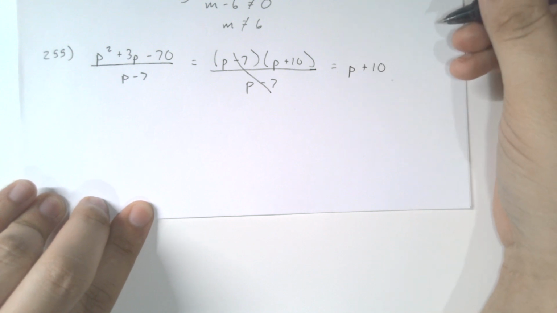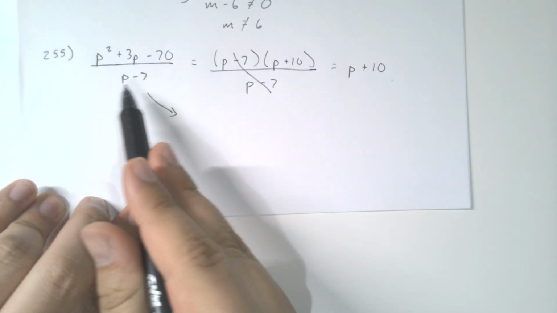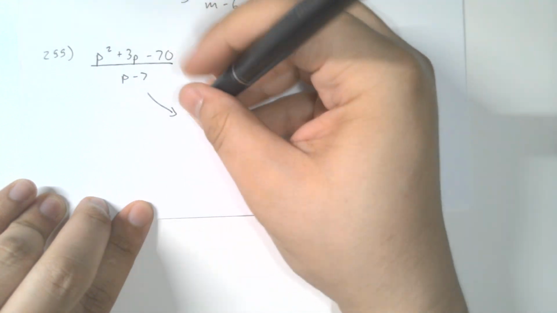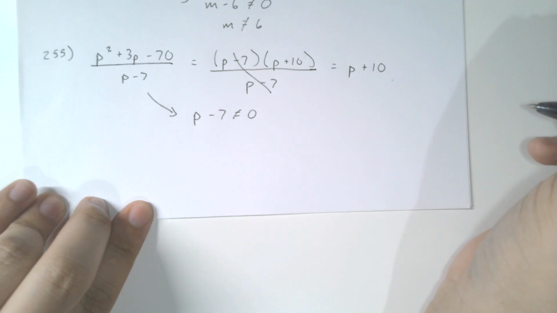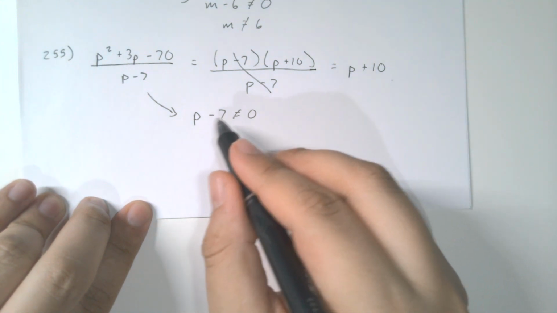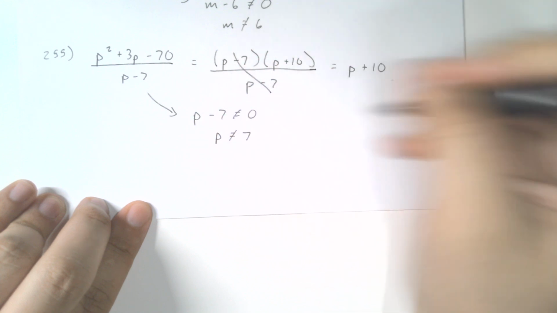But what about our excluded values? Well, p minus 7 can't be equal to 0. So we write that p minus 7 can't be equal to 0. Solving for p, we just add 7 to both sides, and we get p can't be equal to 7.